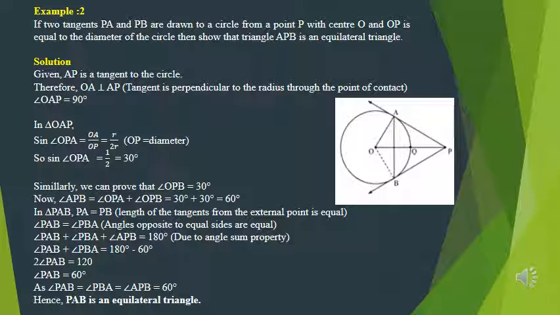So angle PAB plus angle PBA plus angle APB is equal to 180 degrees, due to the angle sum property of a triangle. We know angle APB is 60 degrees, so we subtract 60 degrees from 180 degrees. Here we get 2 times angle PAB is equal to 120 degrees. So angle PAB is also 60 degrees. Hence triangle PAB is an equilateral triangle.